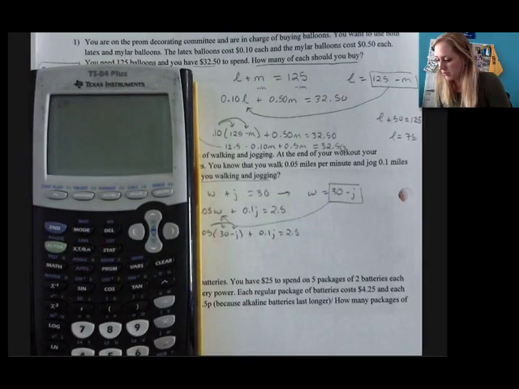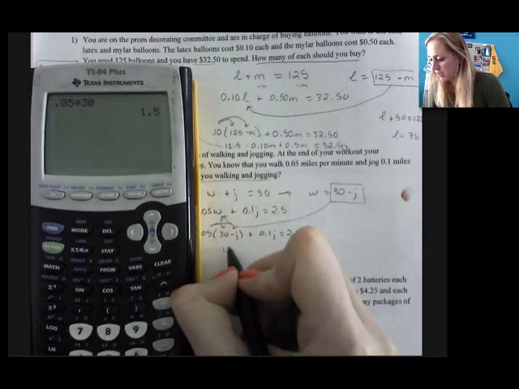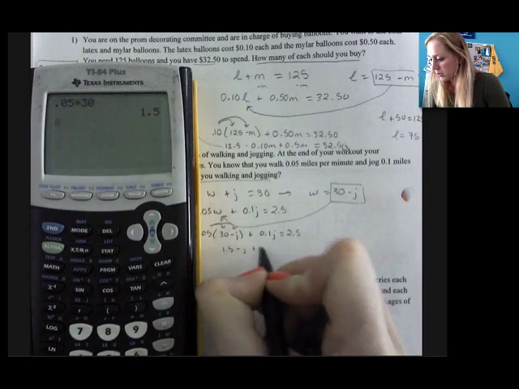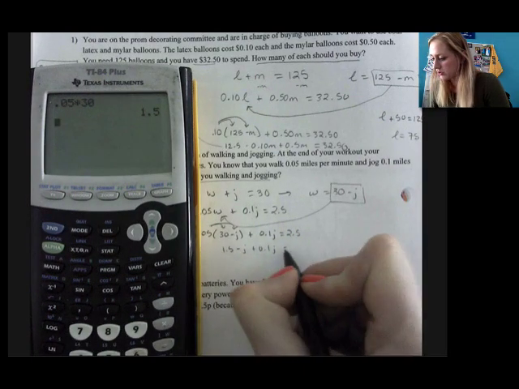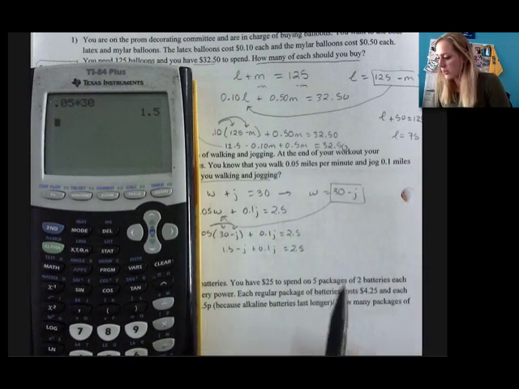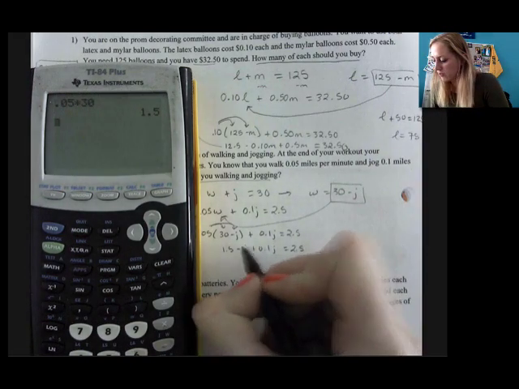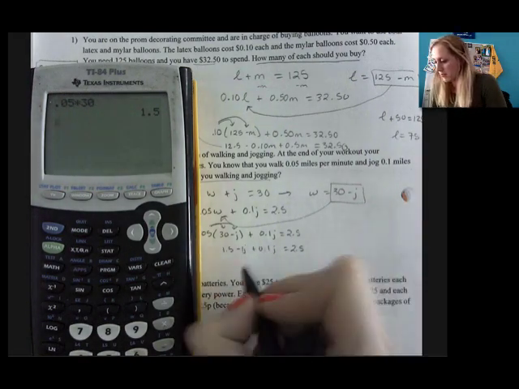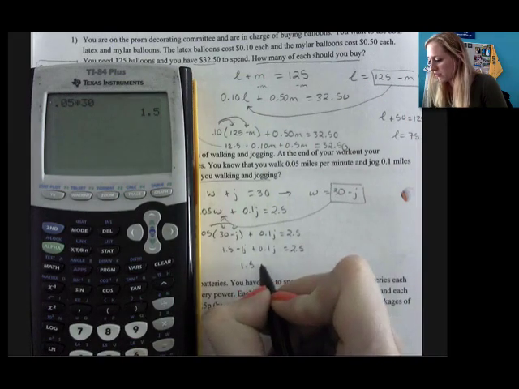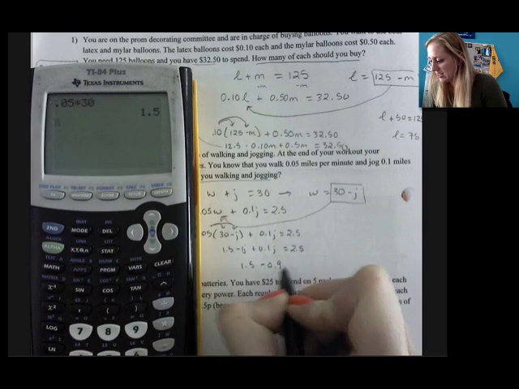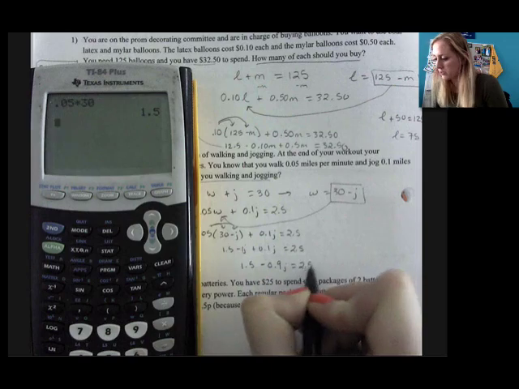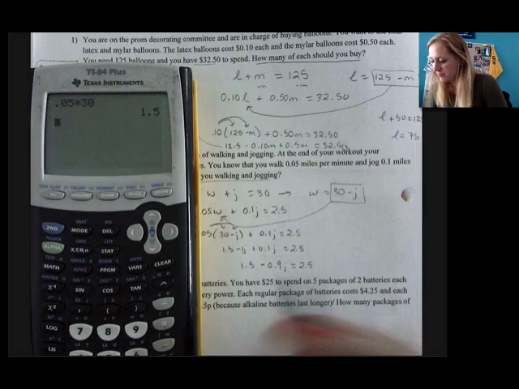So we have 0.05 times 30 is 1.5, minus J plus 0.1J equals 2.5.